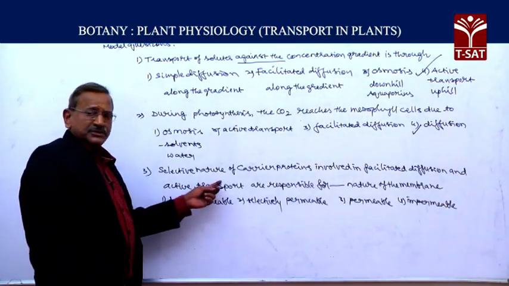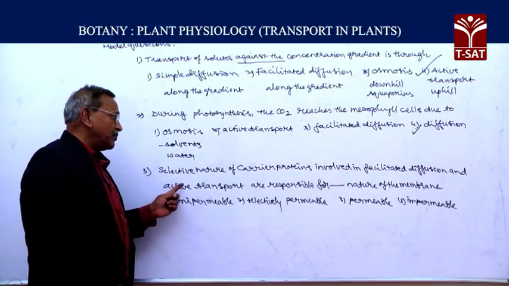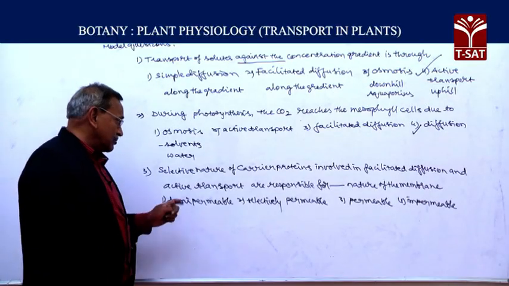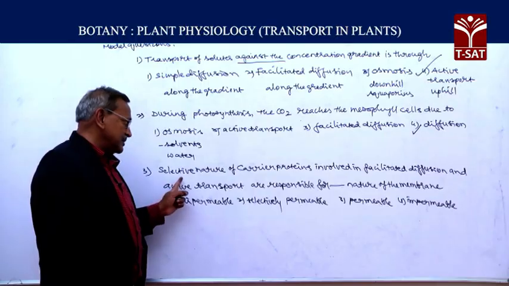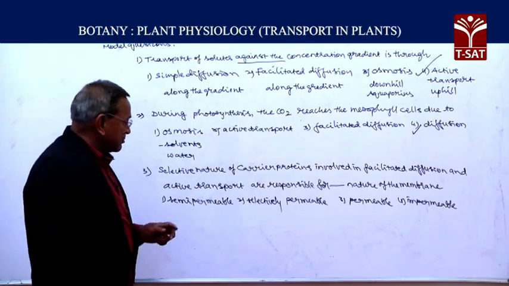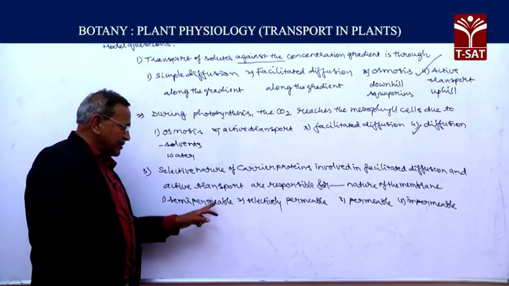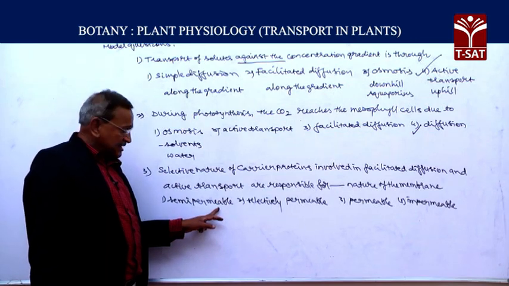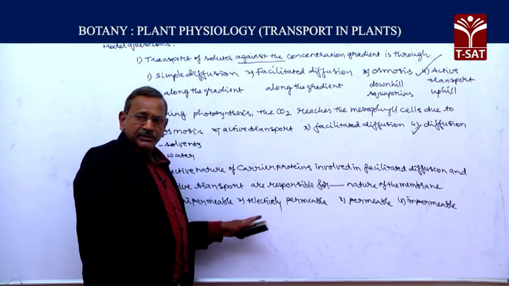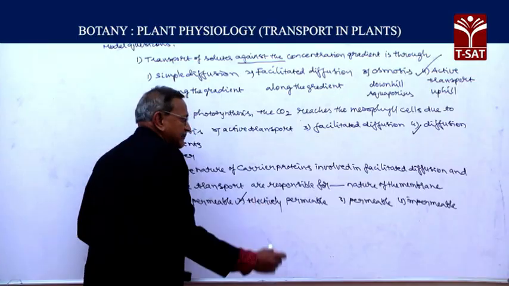The carrier proteins are highly selective. Each carrier protein is involved in transport of a particular solute only, and because of this property the plasma membrane is normally described as what? It is semi-permeable, meaning osmosis is possible. Selectively permeable, of course, can be substituted by differentially permeable. So the second is the best one.